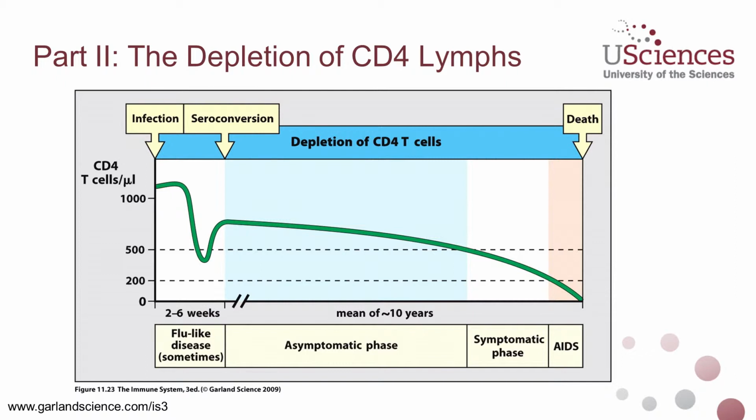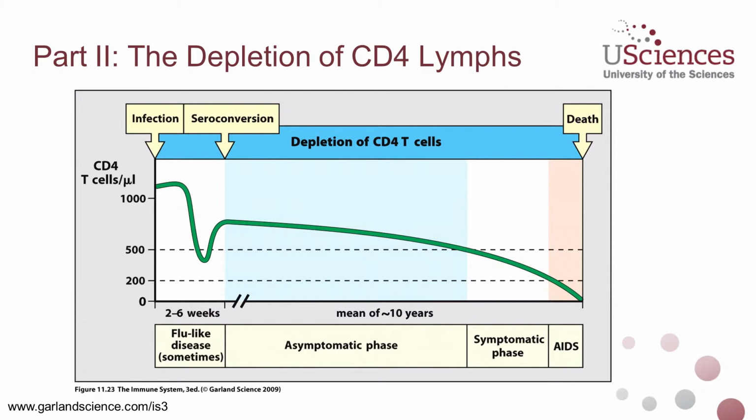And when the infection begins, they rapidly replicate and they start to take over lymphocytes very, very fast, and they become depleted so rapidly. So you see that by the dip there below 500 CD4 lymphs per microliter of blood.